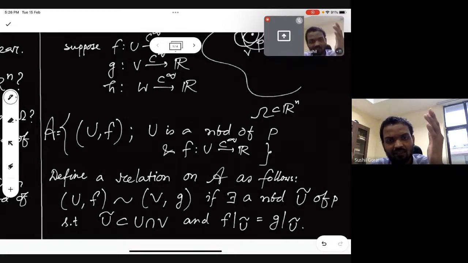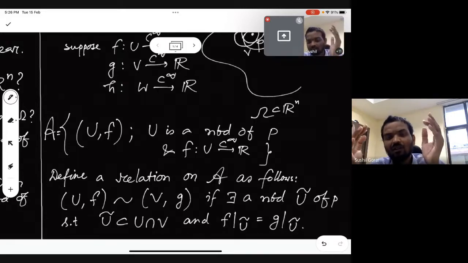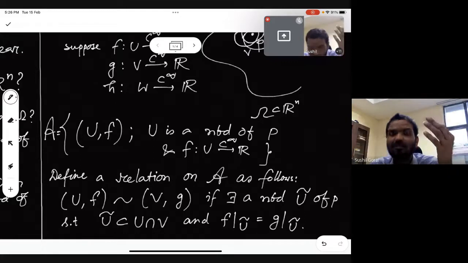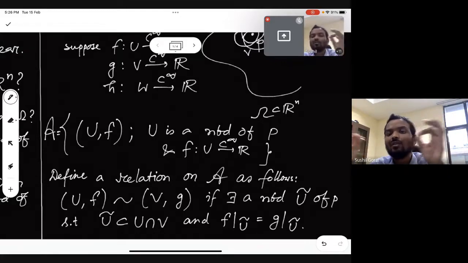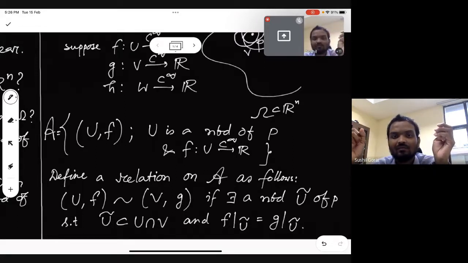Now a neighborhood combined with that function may be related to another such pair. When? Precisely when there exists a neighborhood where those two functions have the same values on the whole neighborhood.